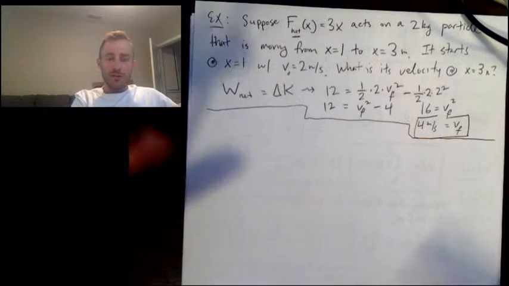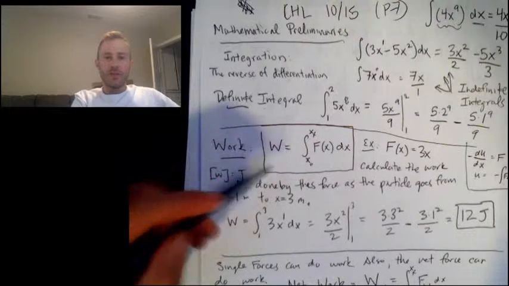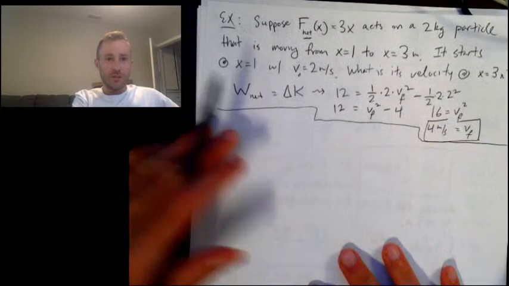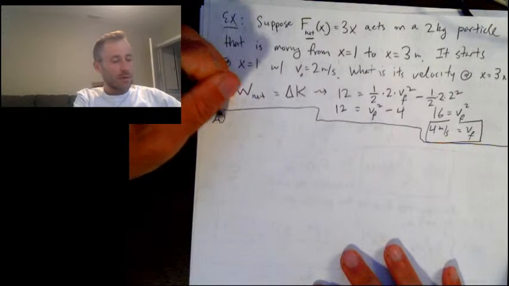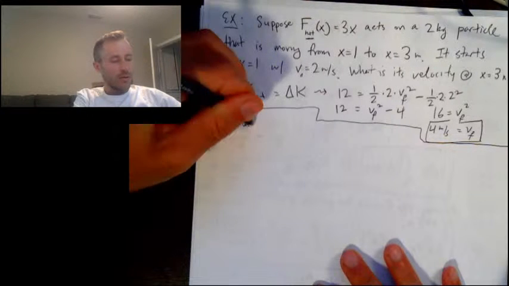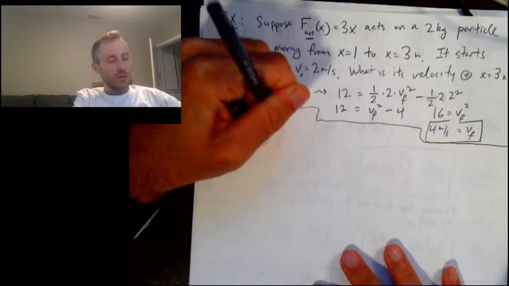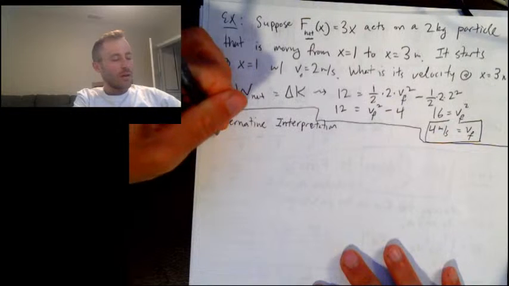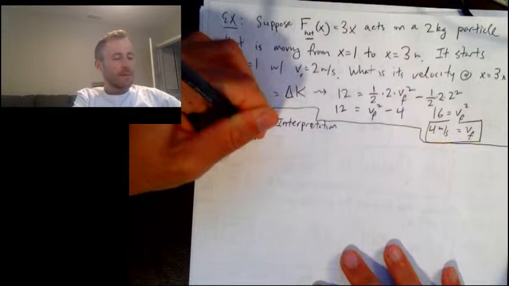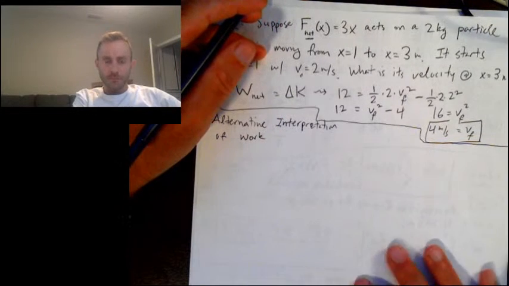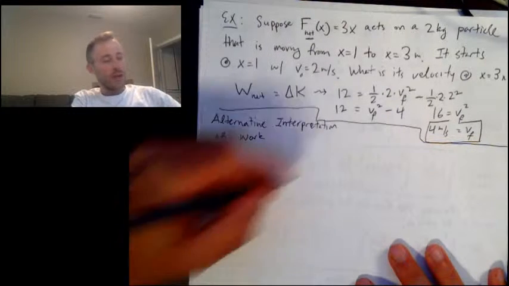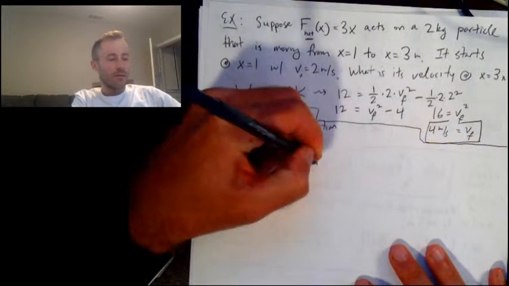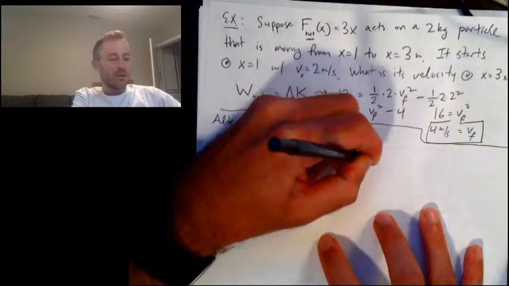So this formula that I gave you right here, this is the definition of work. But I want to give you an alternative interpretation of work. Let's suppose that you have a graph of force versus position.